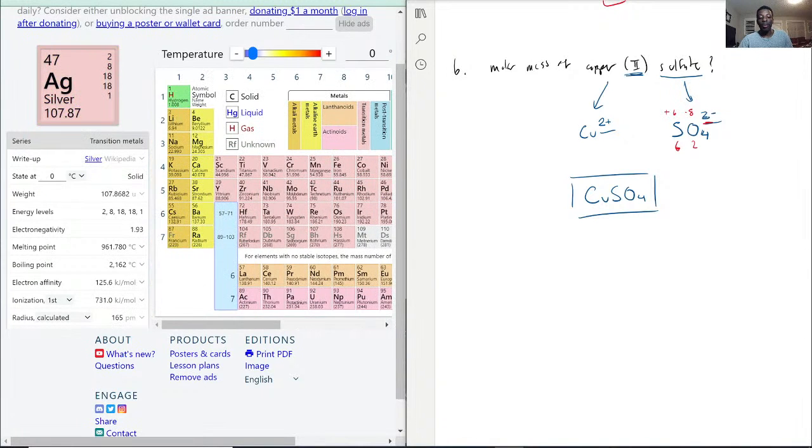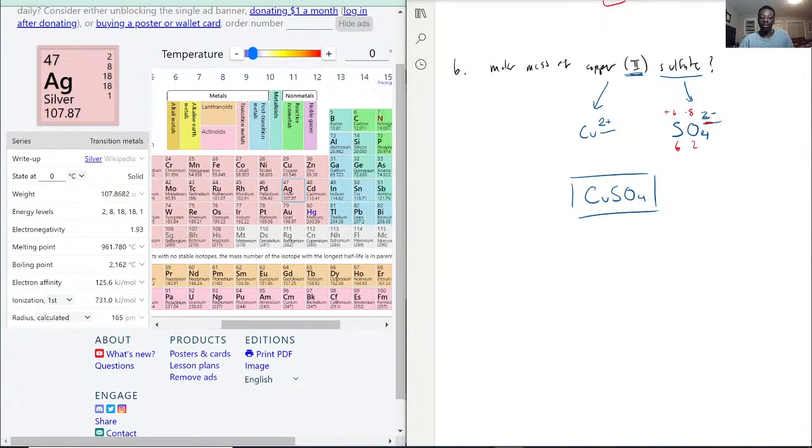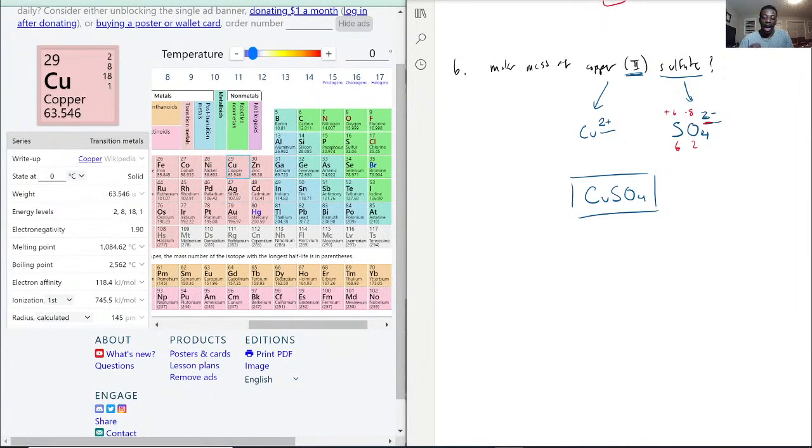And now that we have that, we can actually do the easier part of finding the molar mass, which would be adding the constituents. So we have 1 copper, 1 sulfur, and 4 oxygens. So that's 63.546.